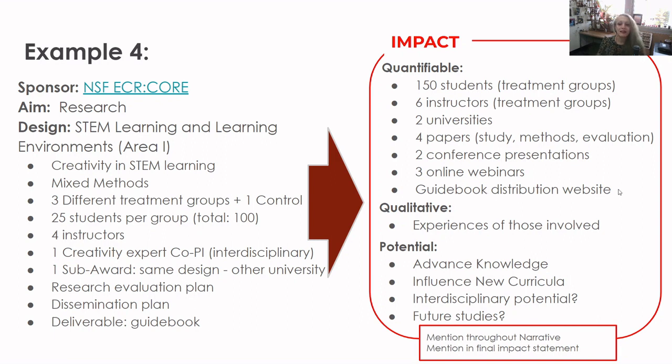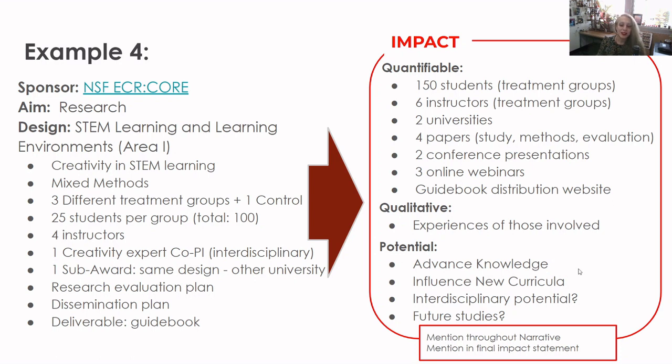And you can even create things like a guidebook to distribute for free about how educators could implement these creativity interventions that you have been experimenting with. So on the qualitative side, again, you're talking about the experiences of those involved, and you can talk about that in your impact statement as well.